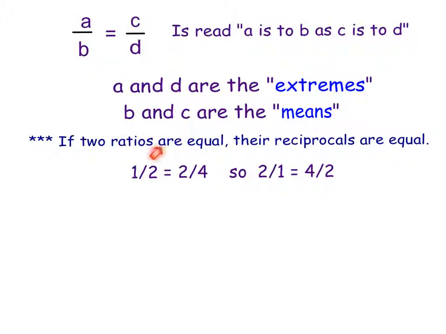And basically what we know, if two ratios, so things that look like fractions, are equal, their reciprocals are equal too. So that's one of the things we know. So 1/2 equals 2/4, therefore 2 over 1 equals 4 over 2. And that makes sense.